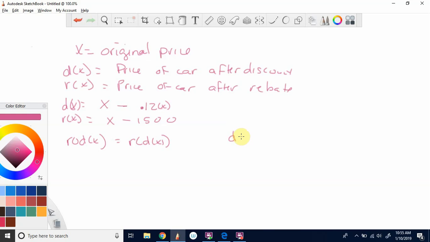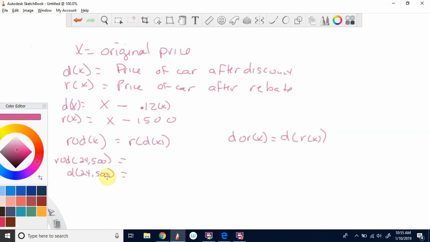And then if I do D of R of x, then I do the rebate first, find out how much the car is minus the rebate, and then I take the discount off that amount. All right, so let's put these in. Basically we're doing R of D of the price of the car that he's buying, which is $24,500. I wish mine cost that much. That's pretty cheap.